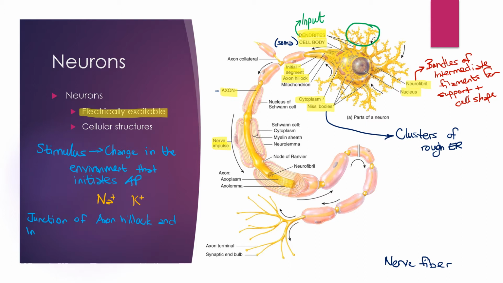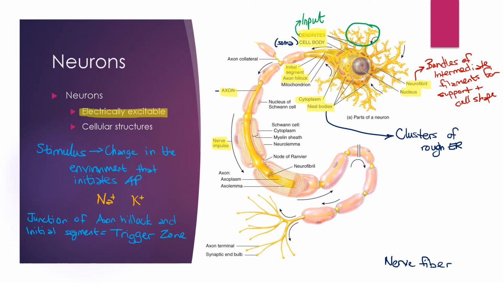And remember that the trigger zone is where the nerve impulse initiates, where it starts. And it's going to travel down the axon from that trigger zone.